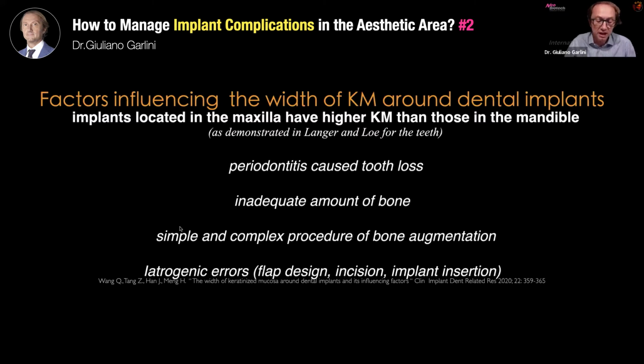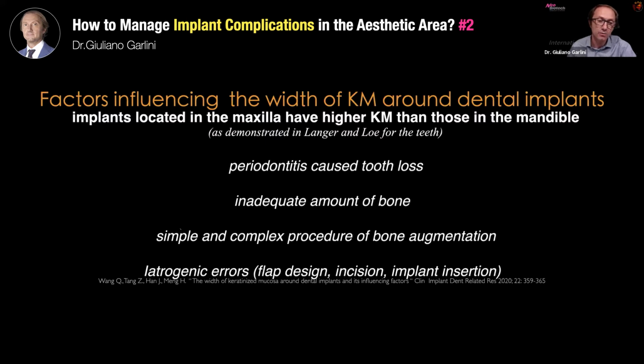Obviously, when the patient has lost the teeth for a periodontal disease, we will have a loss of bone and a loss of soft tissue. So we will have a smaller quantity of keratinized mucosa.